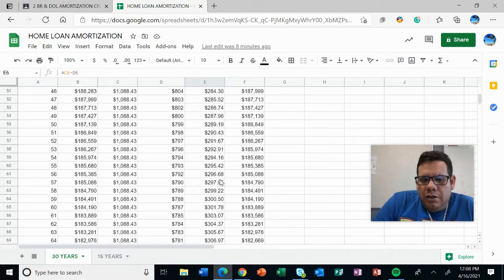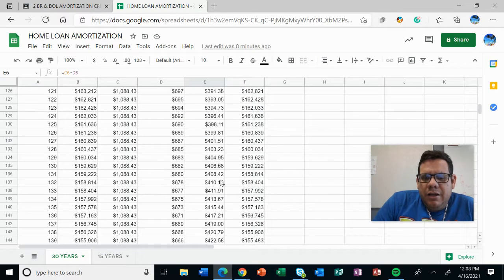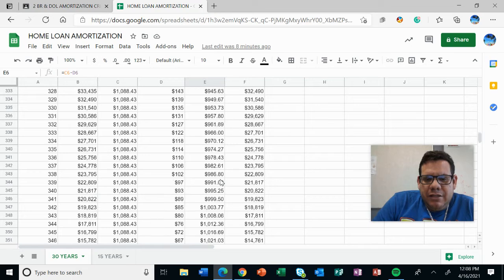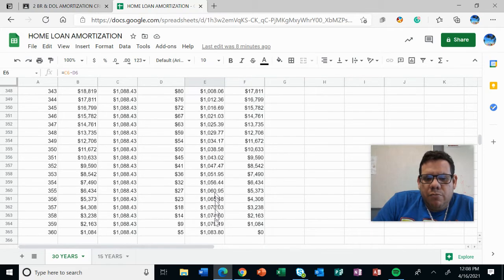So it takes a lot of time for that portion to increase. By the last payment, most of the payment is going to capital, and we have only $5 for interest.